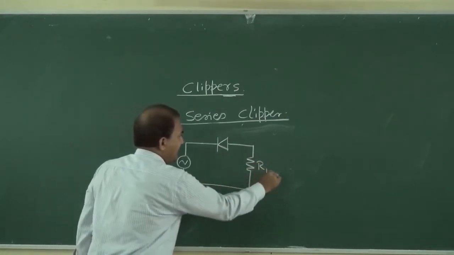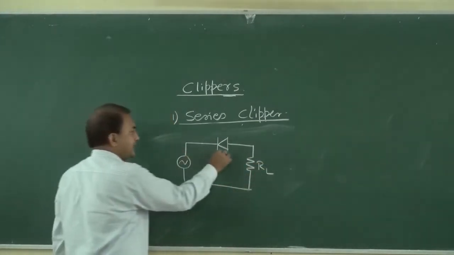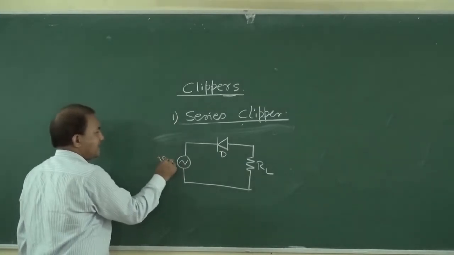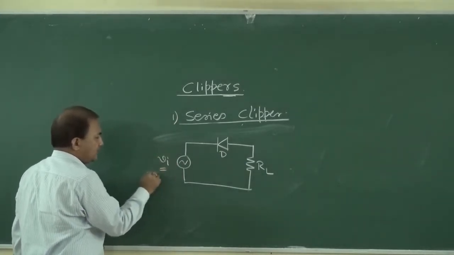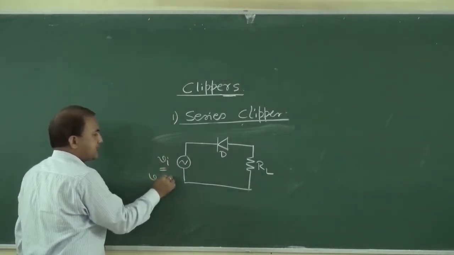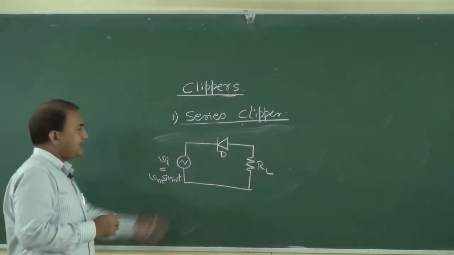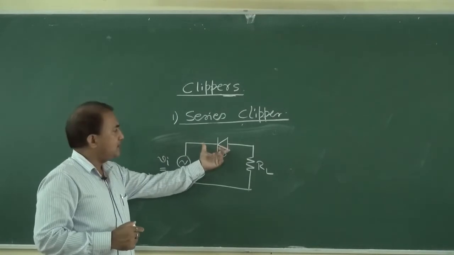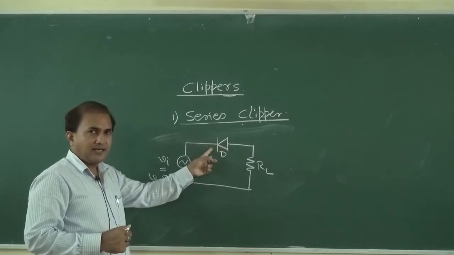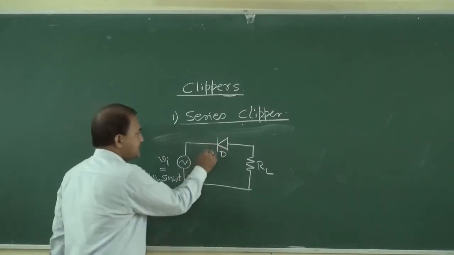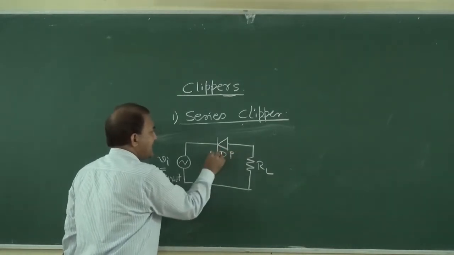This is RL, this is diode D, and this is say Vi, where Vi is equal to Vm sin omega t. Now the direction of this diode is changed, so now this is the P side and this is the N side.